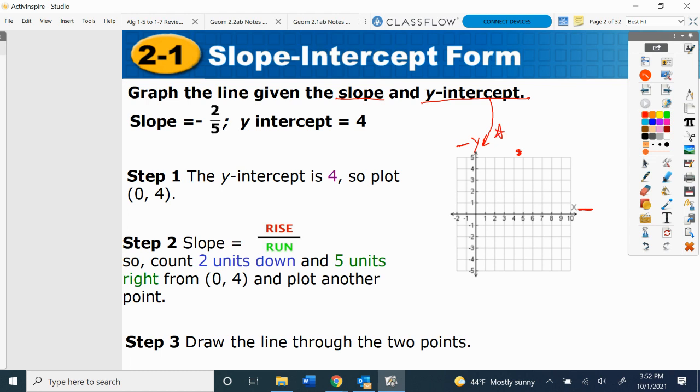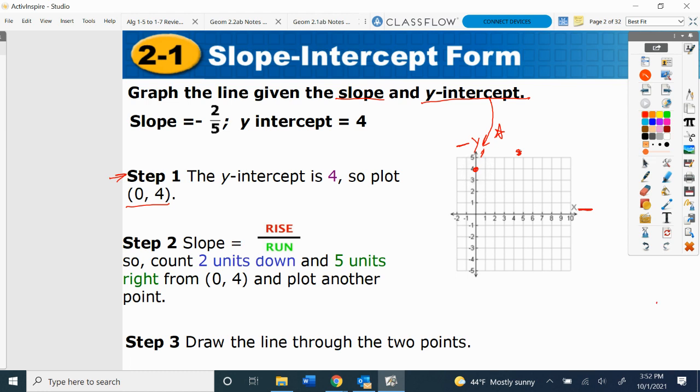So step number 1, your y-intercept is at 4, so we're going to put a point at (0, 4). That means right here on the y-axis, our line is crossing that y-axis right there at 4.